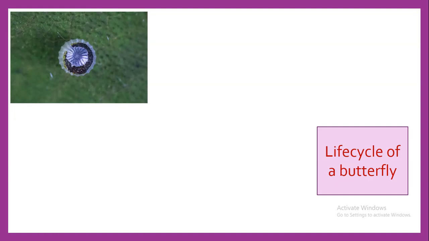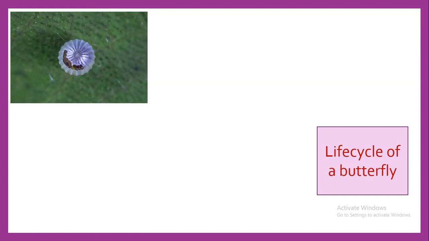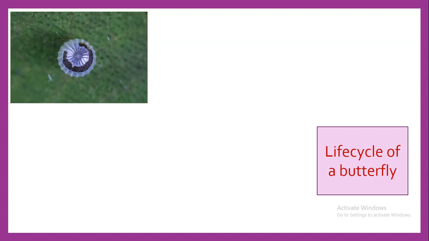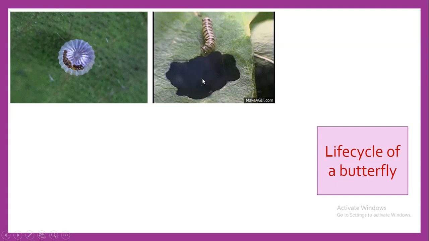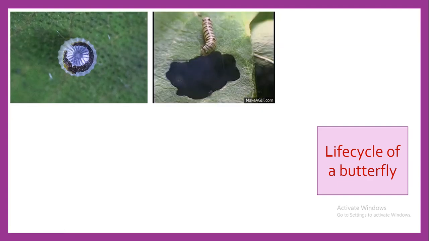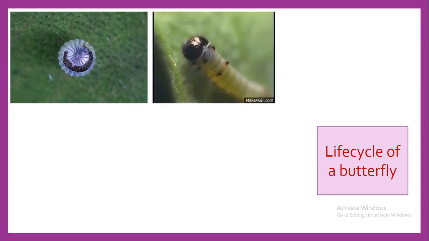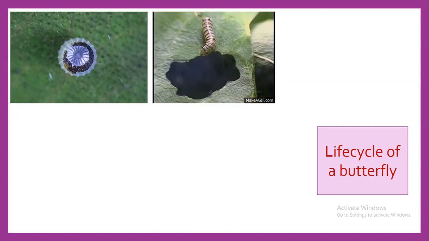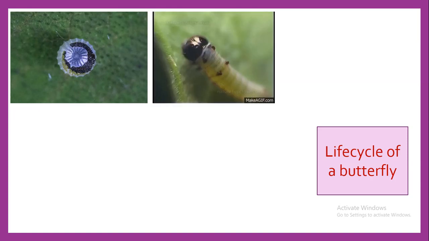So an adult butterfly lays its eggs on leaves. A larva or a caterpillar hatches from the egg, and as you can see, it's very hungry. It eats the leaf. Look at it.